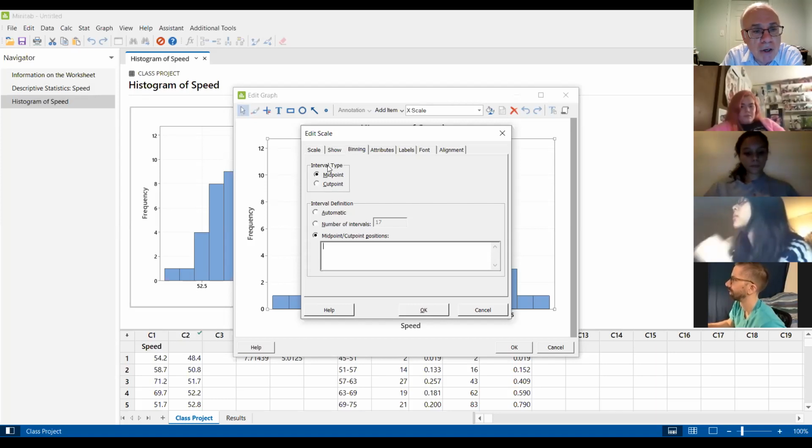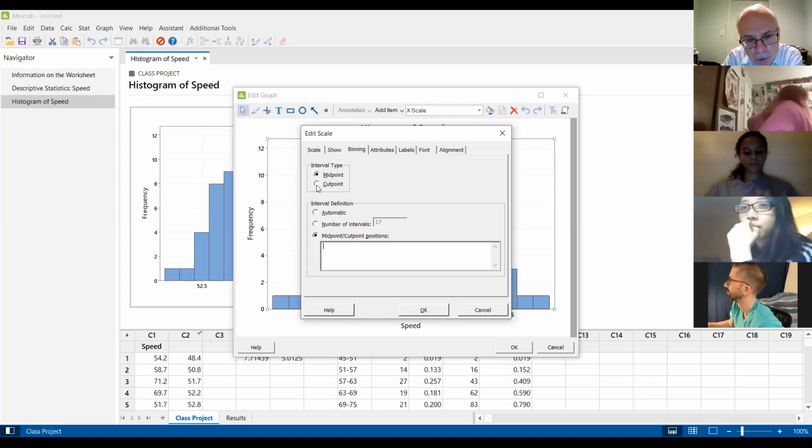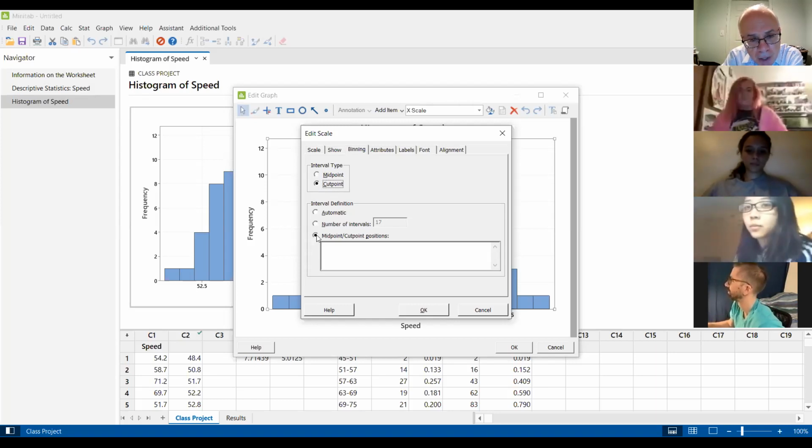So the interval type for a histogram, you can either have the midpoints of each class shown or the cut points. The cut points are the beginning and ending points. Well, the only thing I've shown you so far is the beginning and ending points. So I'm going to put a cut point here. And then it says to click this button here if you want to define how many bins and so forth.